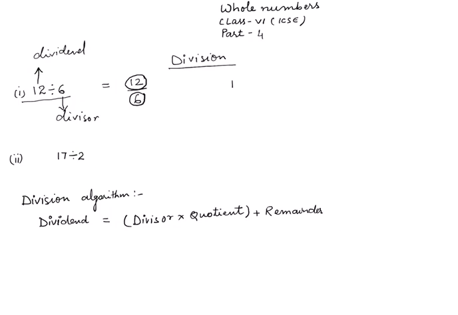How to divide? 12 divided by 6. In this way we write 6 2s are 12. So what is this? Yes, you are right, this is your divisor, this is your dividend, and this 2 is known as quotient.